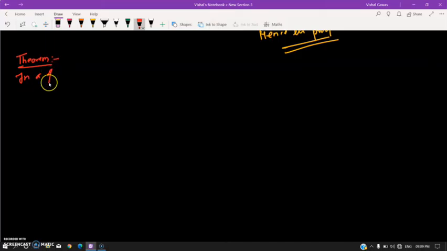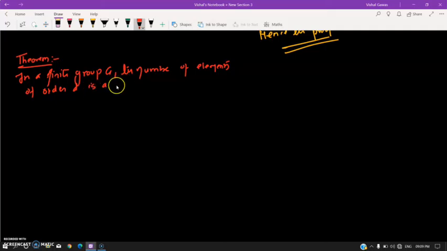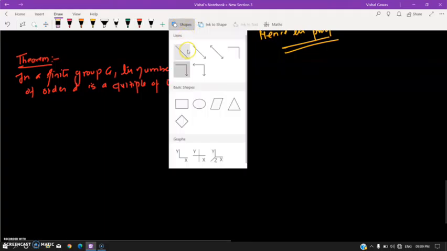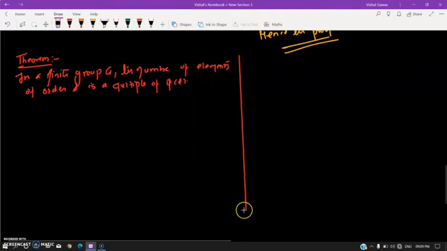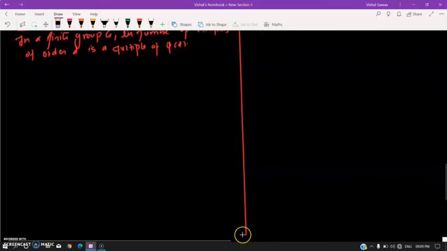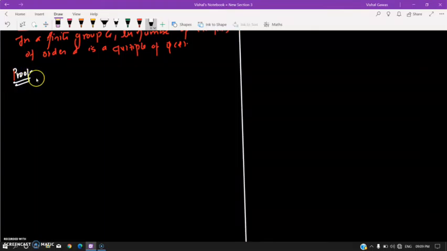In a finite group G, the number of elements of order D is a multiple of phi of D. Proof.